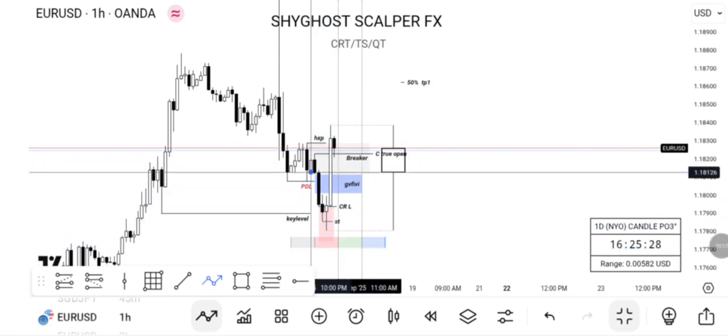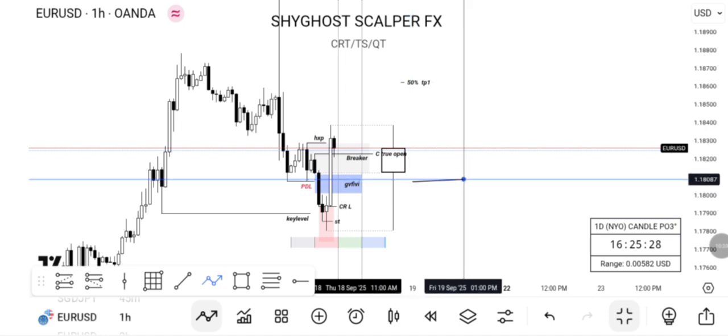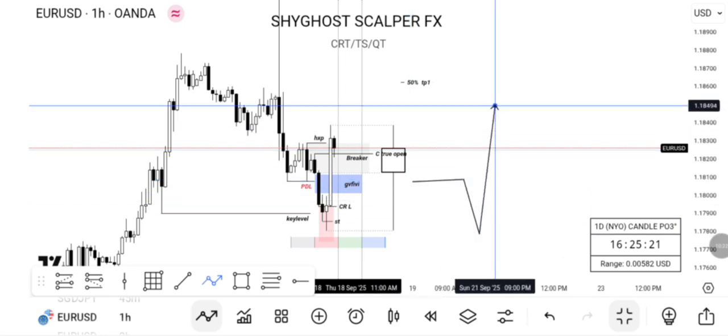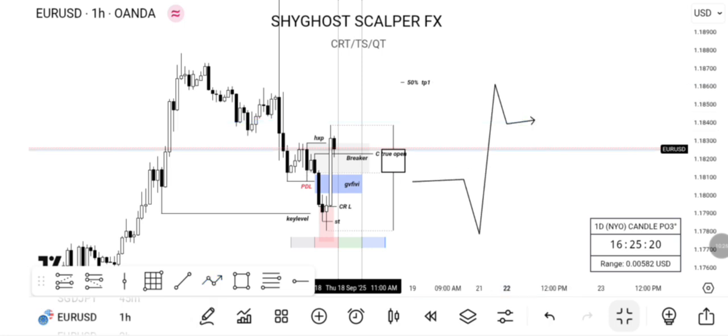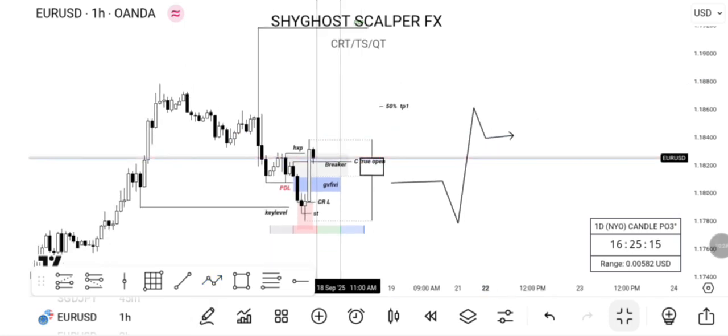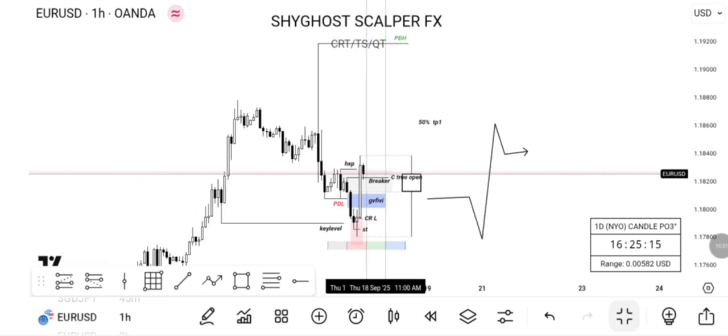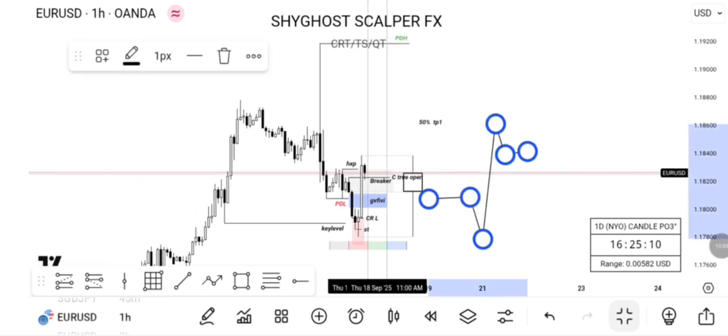So it gave us open, low, we're anticipating high, and then close, right? It's confirming our power of 3. It's confirming our London reversal model, that we are trying to trade here.